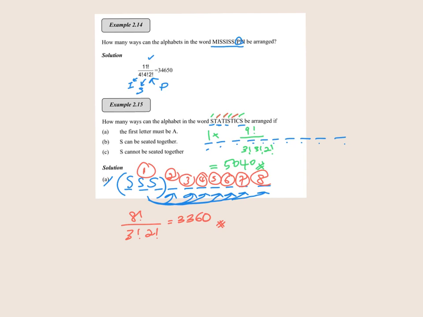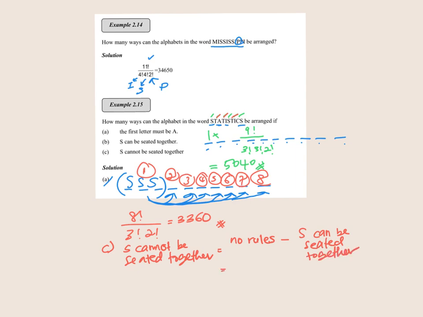For question C, S cannot be seated together. In order for you to get S cannot be seated together, you need to calculate the permutation with no rules minus the permutation with S seated together. For no rules, we have 10 letters.